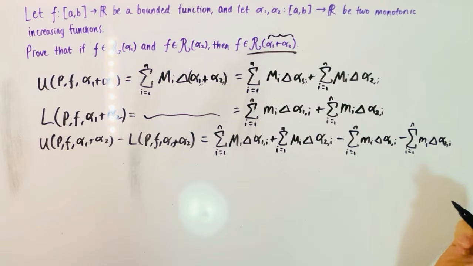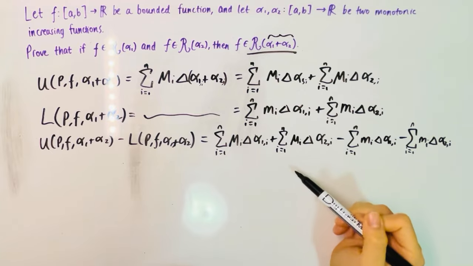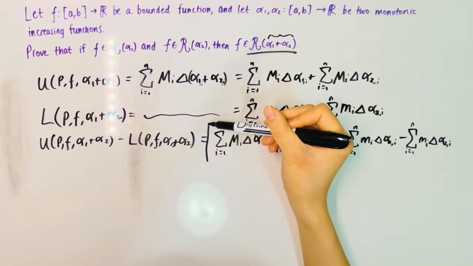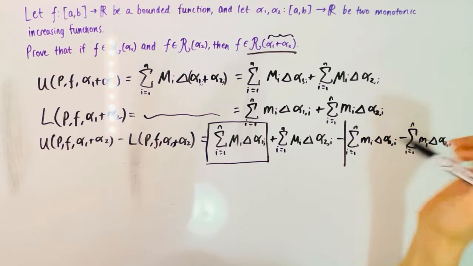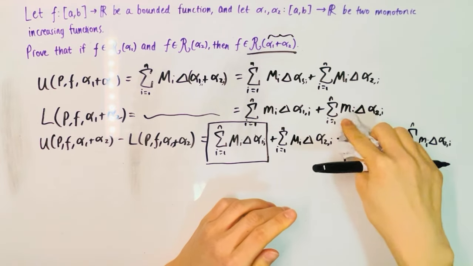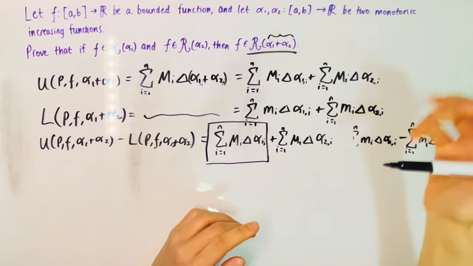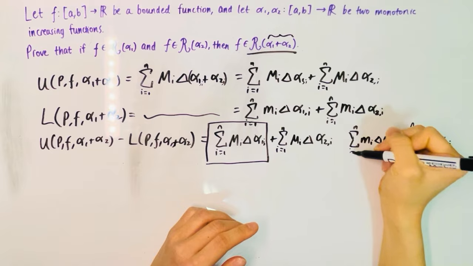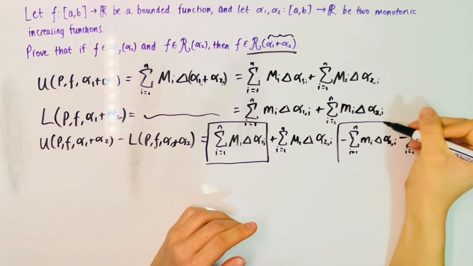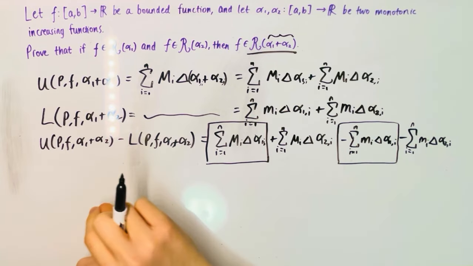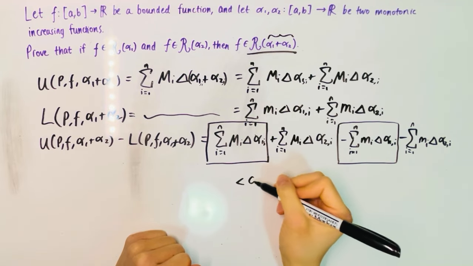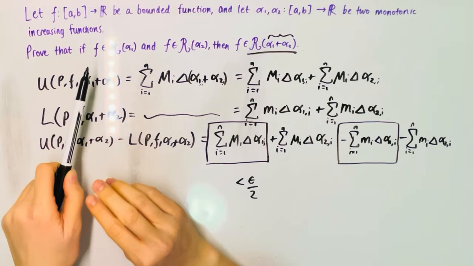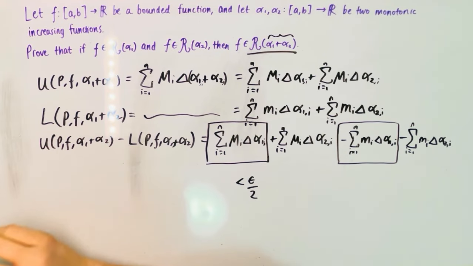All right, and from here we can see something pretty convenient. When we subtract these, there will exist a partition such that the difference is less than epsilon over 2. Why is that? Because f is Riemann integrable with respect to alpha 1.